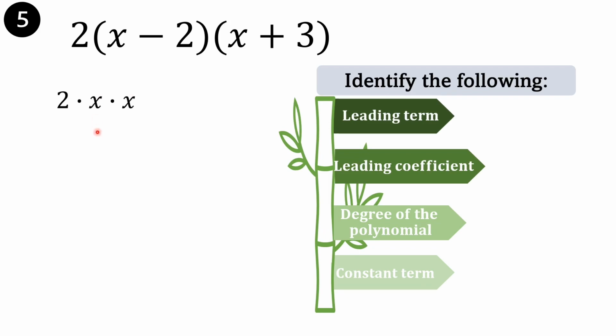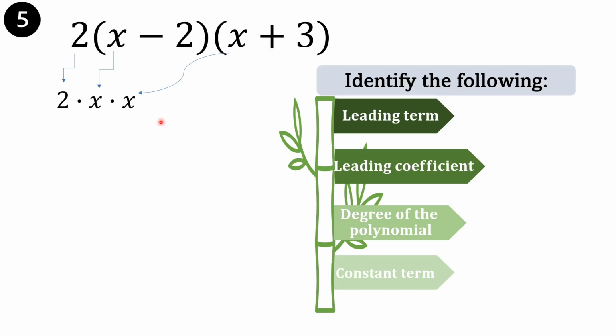Multiply 2 times the first term of the binomial x minus 2, and the first term of the second binomial x plus 3.